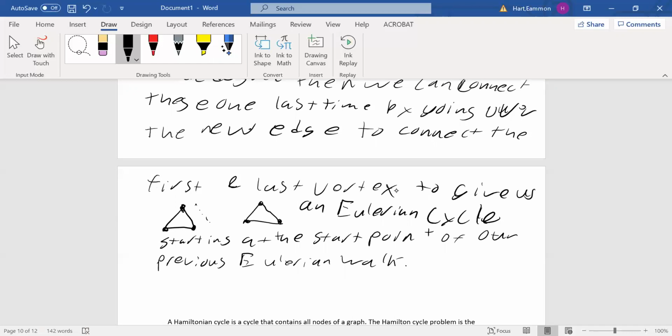Cool. So basically we can use this to cycle back around.